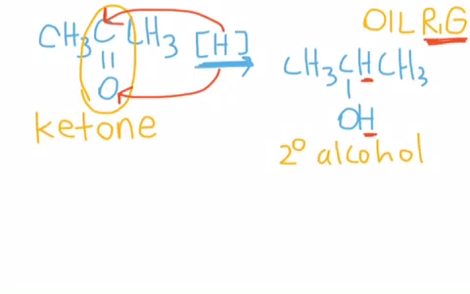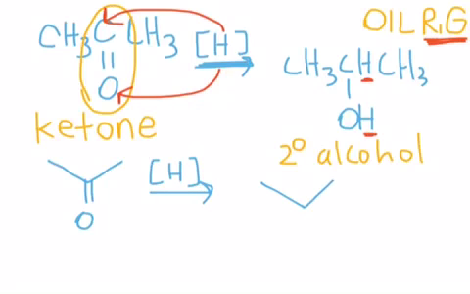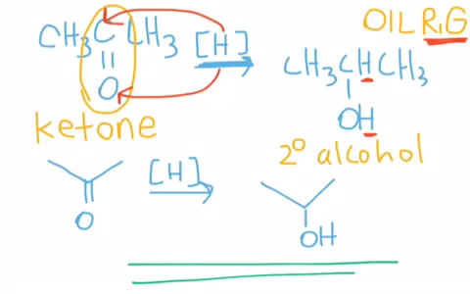If I draw this with skeletal structures, let's keep it pointing down here, so I take a ketone, add some reducing agent that can donate those H's, and my product looks like this. Again, this should look kind of familiar. If I run this reaction in the reverse direction, then I would see that it is oxidation. So reduction forward, oxidation backwards, they go together.